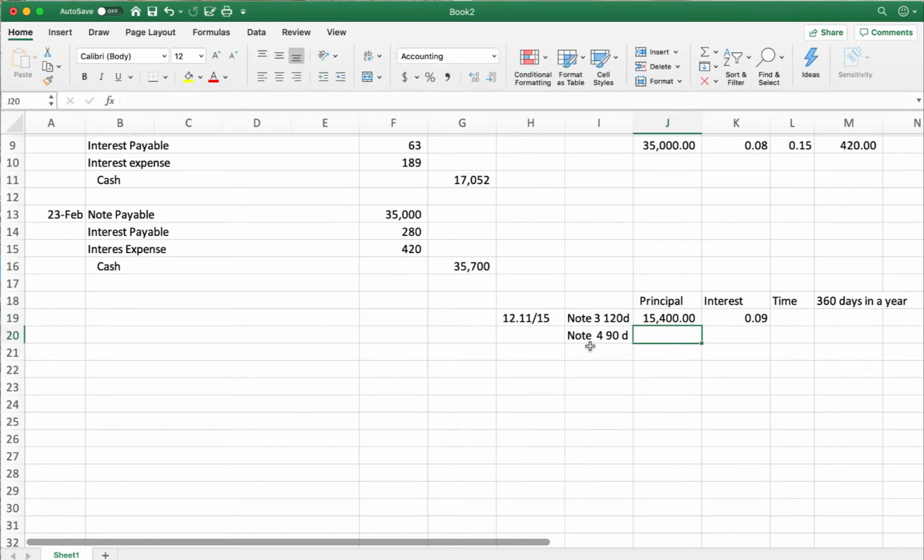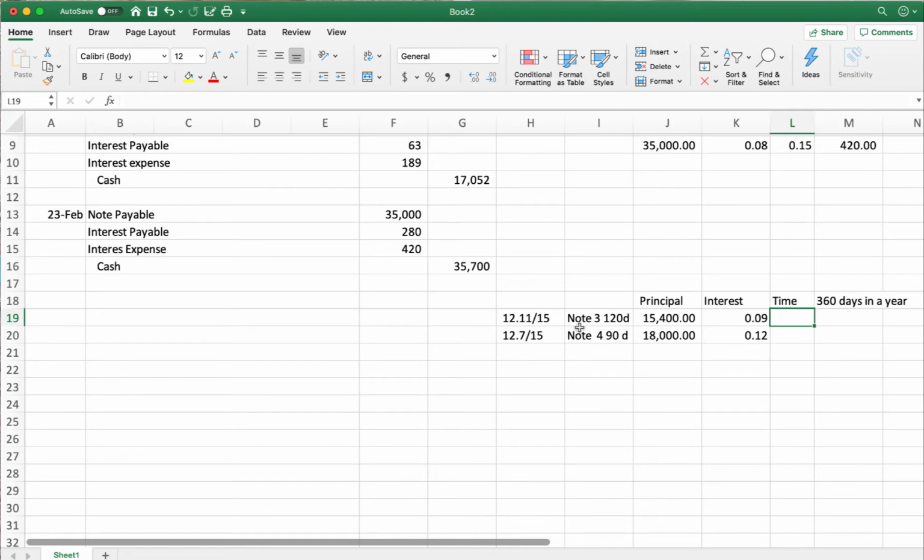For Note 4, which I signed on 12/7/2015, the principal amount of that note was $18,000, and the interest rate associated with this is 12% or 0.12. Okay? So now I need to figure out what are my interest expenses, right?